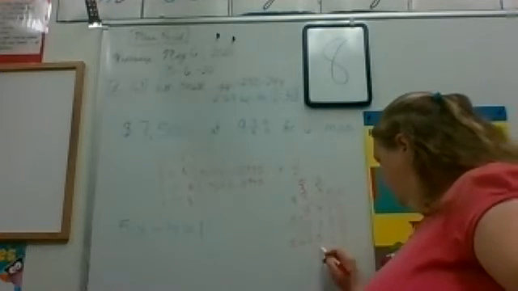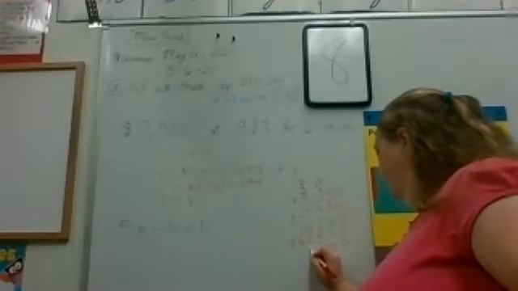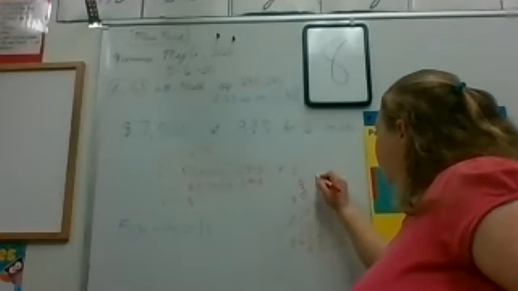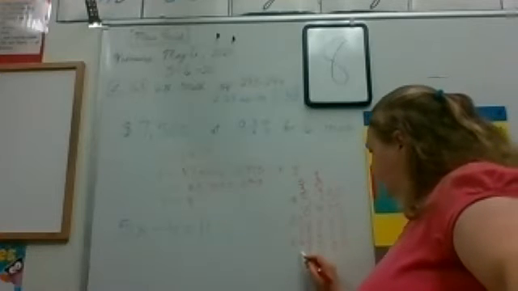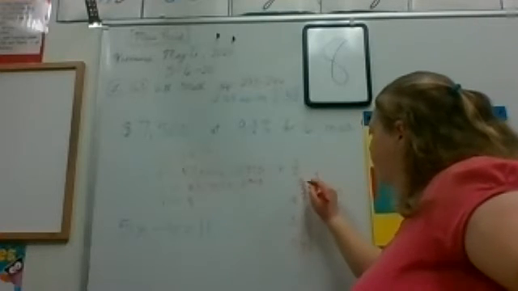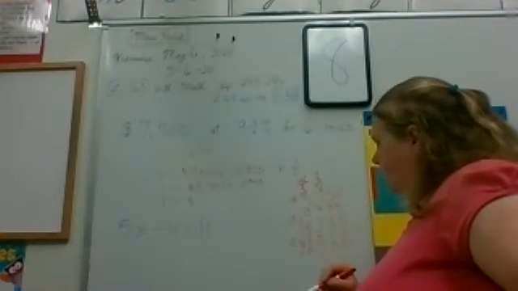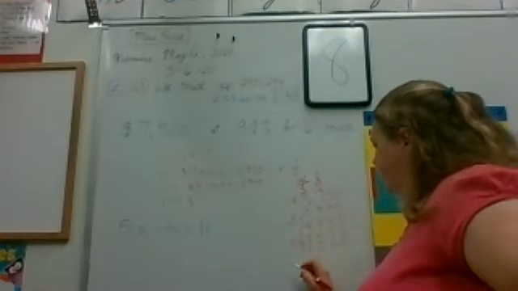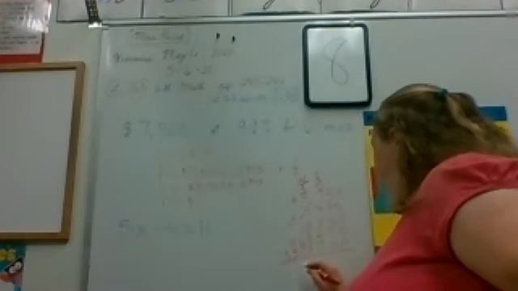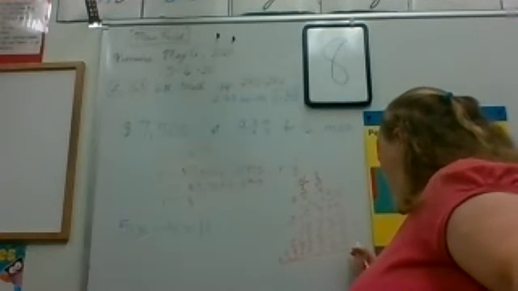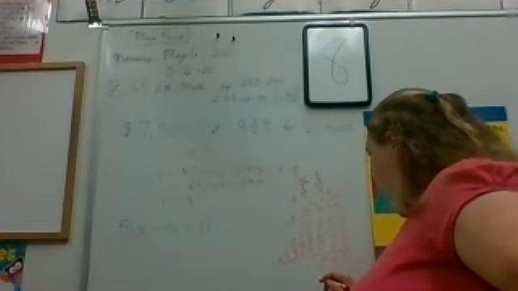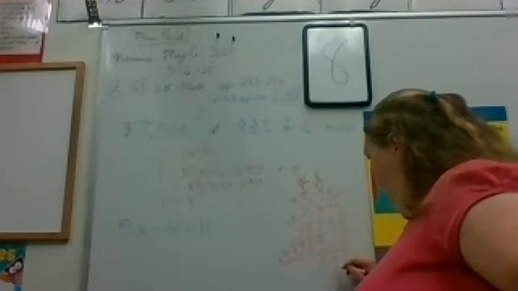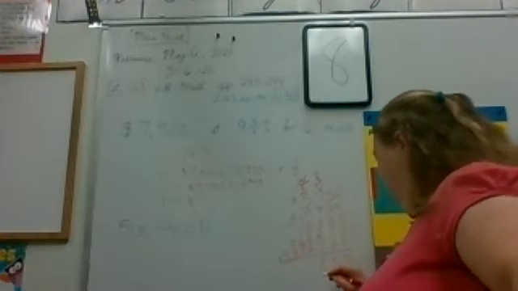And then 9 times 0. 9 times 5 is 45. Carry the 4. 9 times 7 is 63 plus 4 is 67. Carry the 6. 9 times 3 is 27 plus 6 is 33. Okay? Make sure that you have all of that lined up correctly so that you don't make any errors when you're adding. 0 at the end, 5. 7 plus 5 is 12.